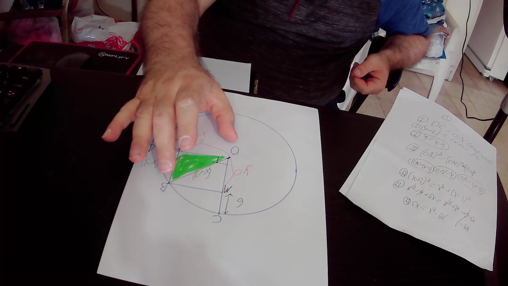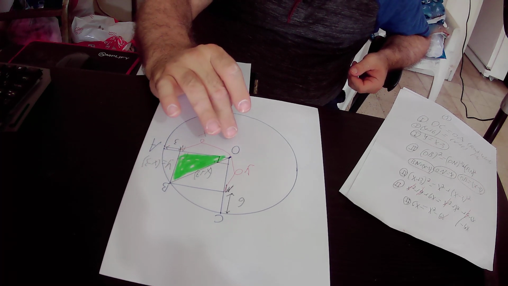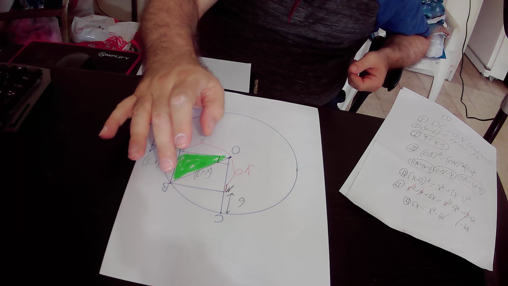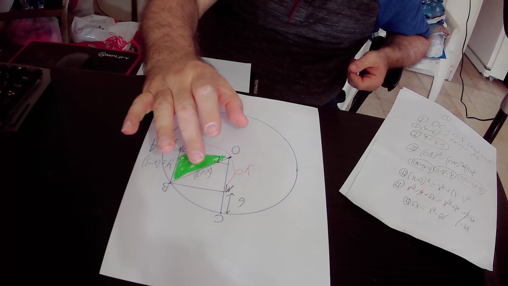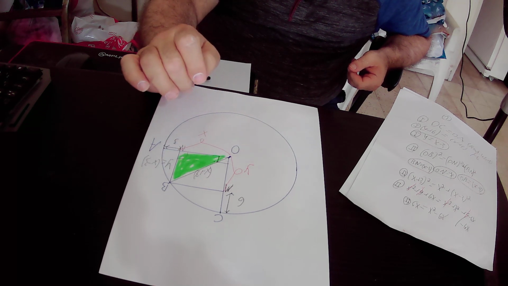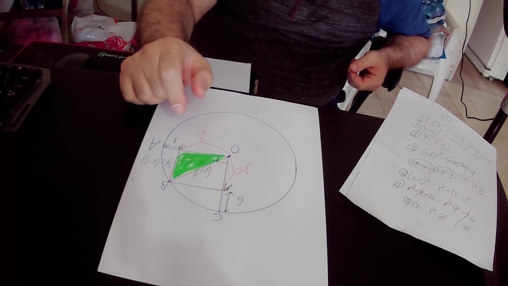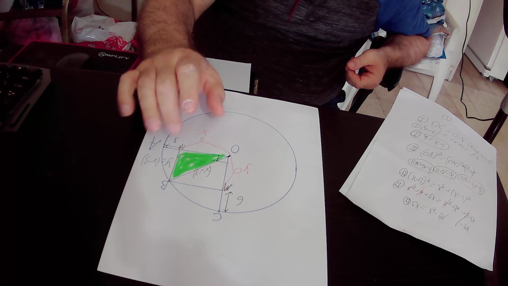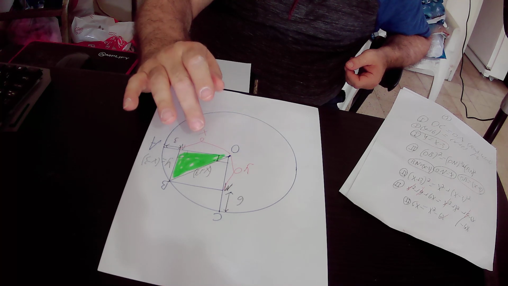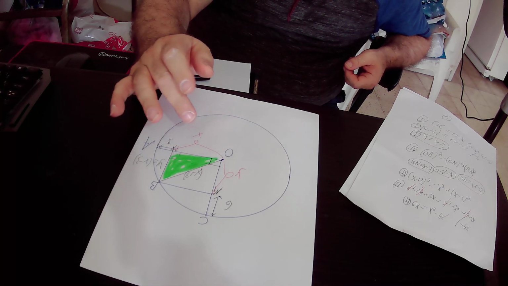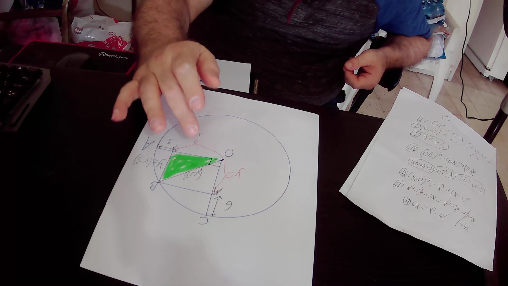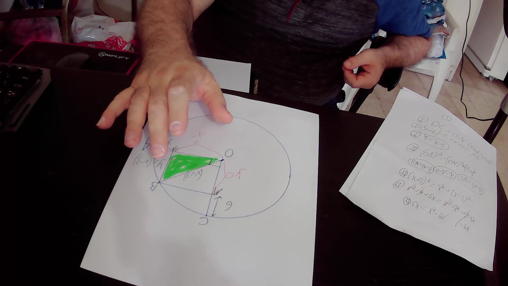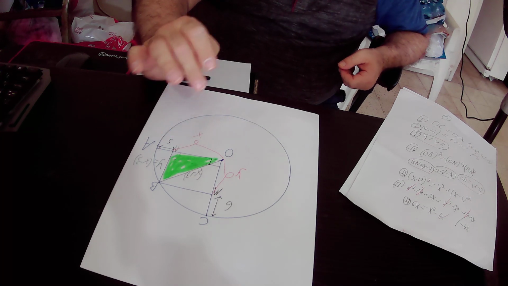We also know that OB is the radius of this circle because it starts from the center of the circle and ends at point B, a point on the circle itself. If OA is the radius of the circle, it equals X plus 3, so OB, which is also a radius, must equal X plus 3.